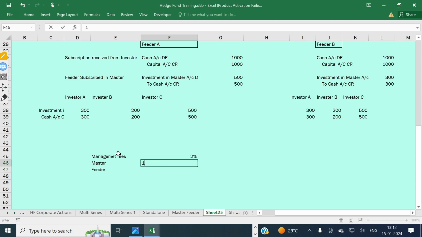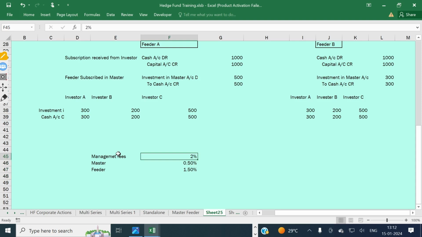Maybe let's say 0.5% master will charge, 1.5% feeder will charge to the investor. So this is where your allocation comes into the picture. This is where your split comes into the picture.